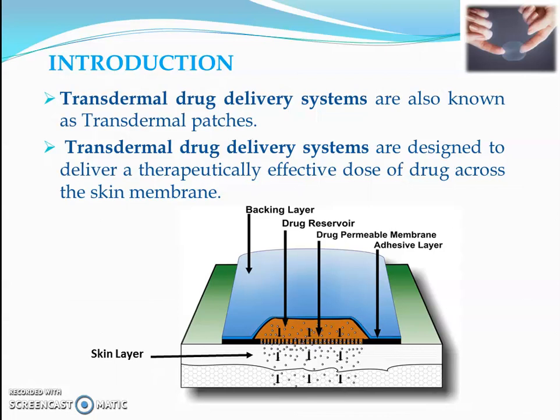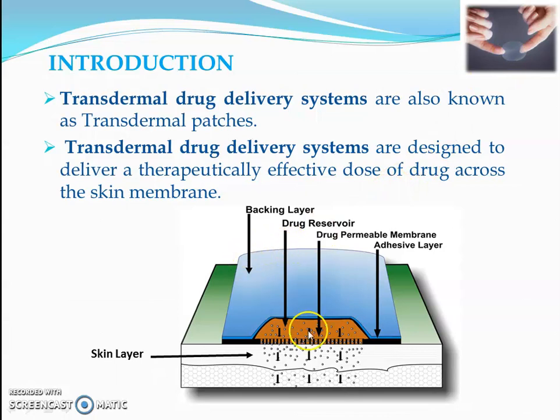They are designed to deliver a therapeutically effective dose of the drug across the skin membrane. The patch may be applied over the surface of the skin, and the drug from the patch may pass through the stratum corneum into the systemic circulation, and it gives the pharmacological action.